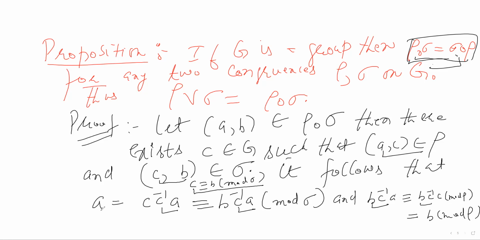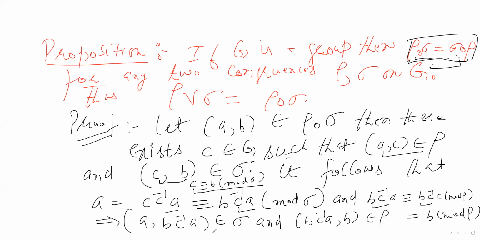So what do we have? In other words, we have (A, B C inverse A) belongs to sigma, and from this relation we have (B C inverse A, B) belongs to rho. Therefore, combining the two, (A, B) belongs to sigma composition rho.